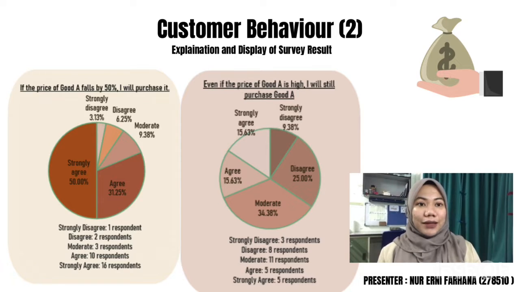The second statement is, even if the price of good A is high, I will still purchase good A. 11 out of 32 respondents, or 34.38%, responded moderate to this statement. There are 3 respondents, or 9.38%, who strongly disagree, and about 8 respondents, or 25%, disagree with this statement.